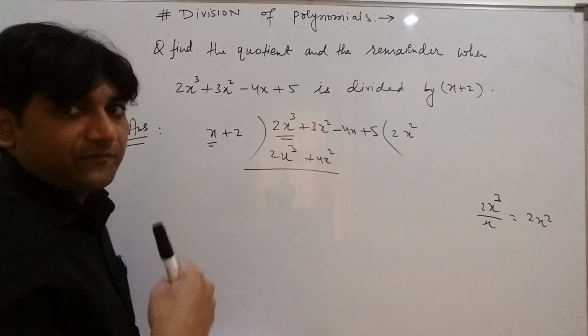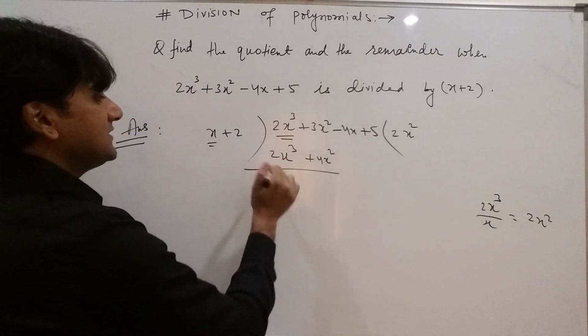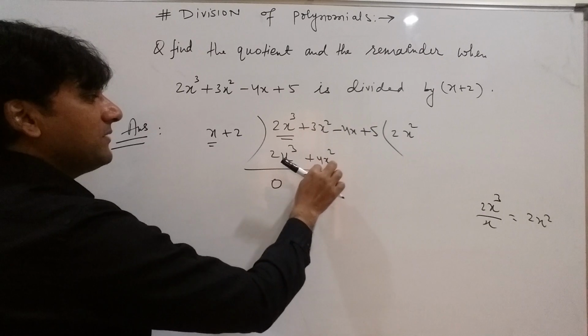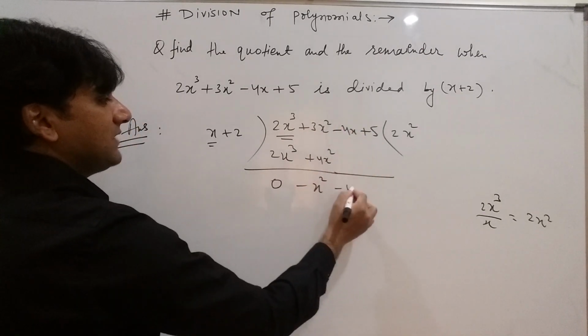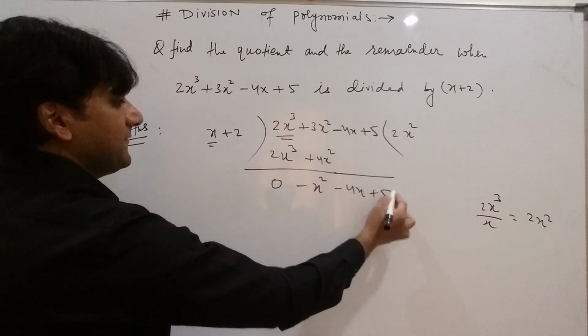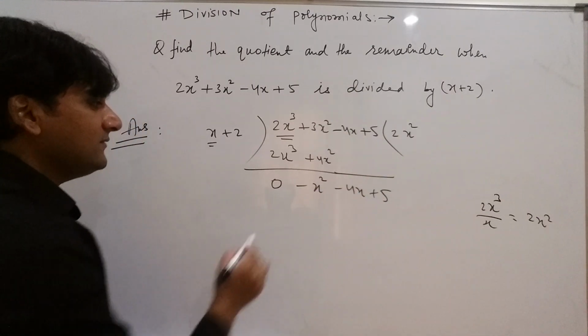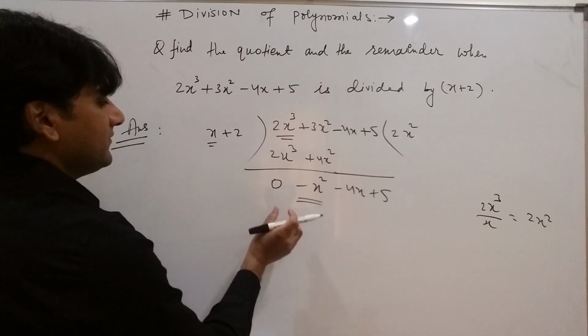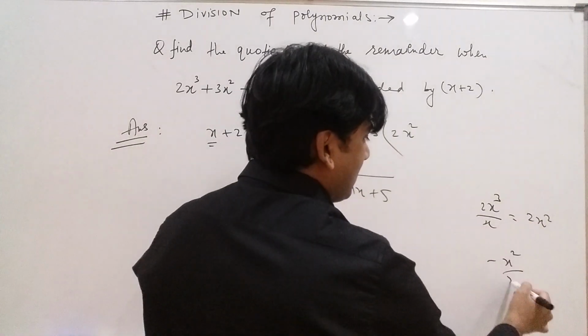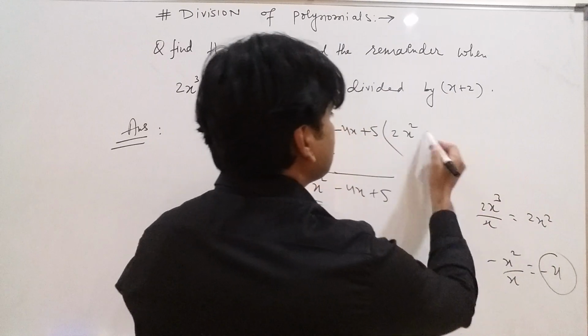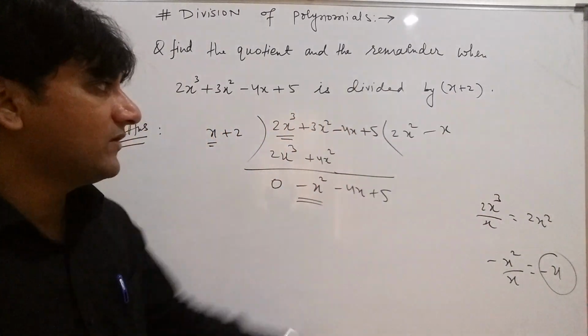Now I have to take the difference. 2x cubed minus 2x cubed, 0. 3x squared minus 4x squared, minus x squared I will get. And this is minus 4x and this is plus 5. Okay? Now again, this minus x squared, we have to divide by this x. So minus x squared over x, which is minus x. So minus x I have to write over here.